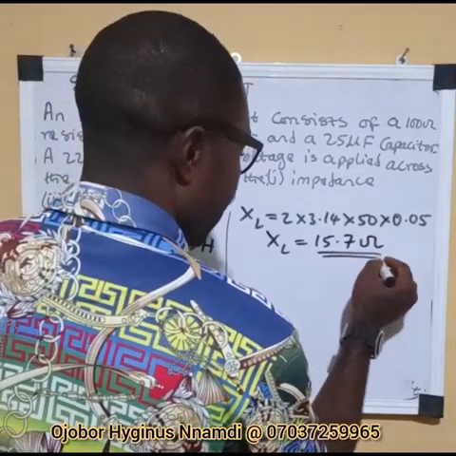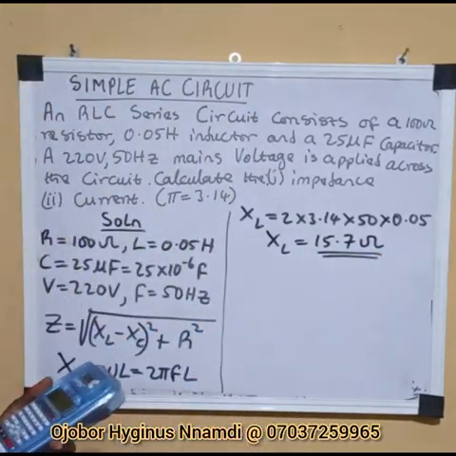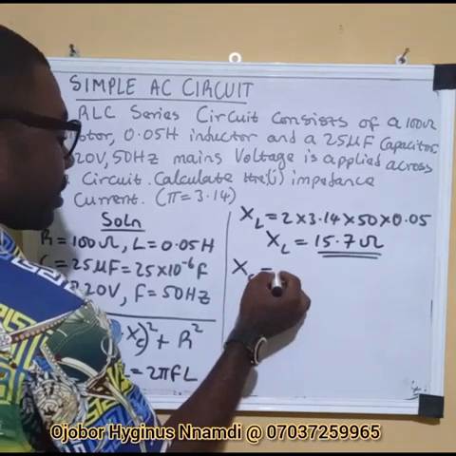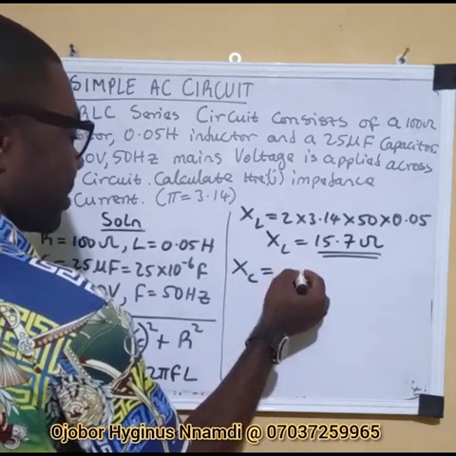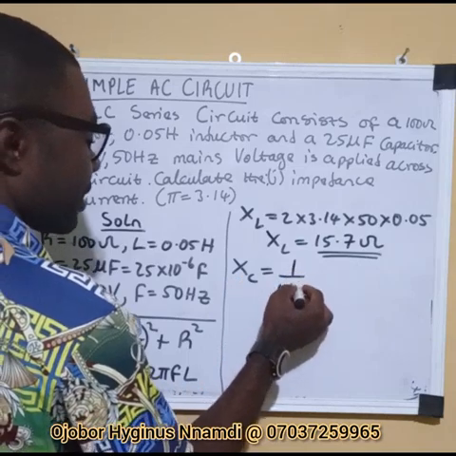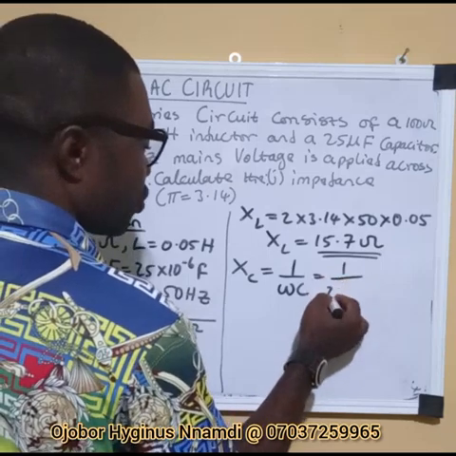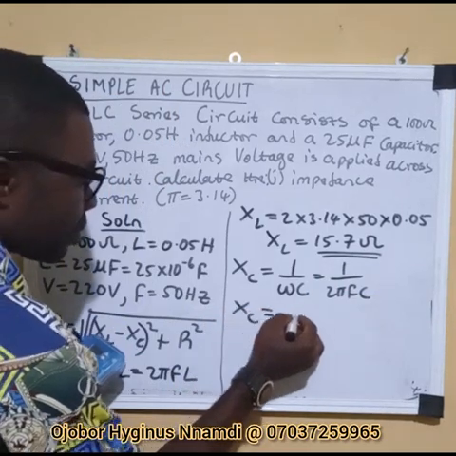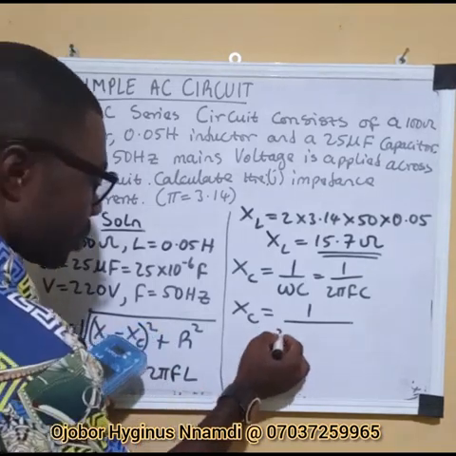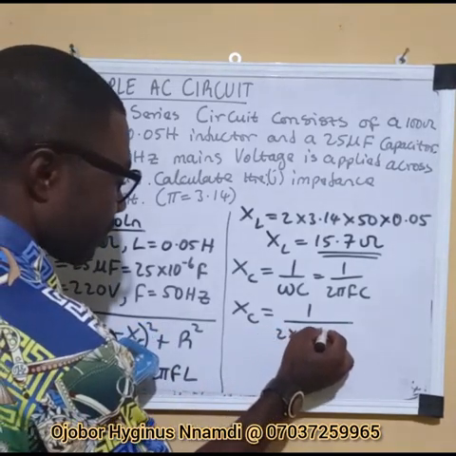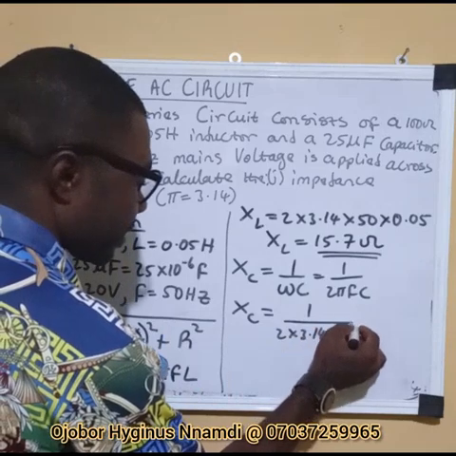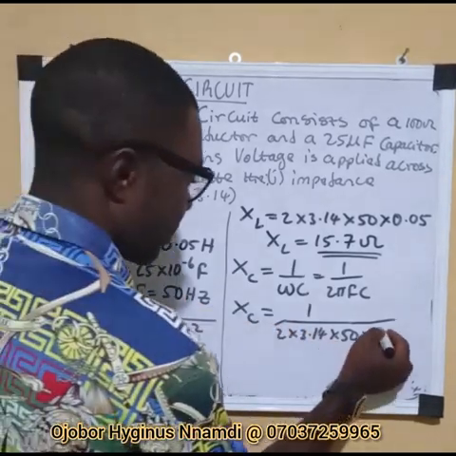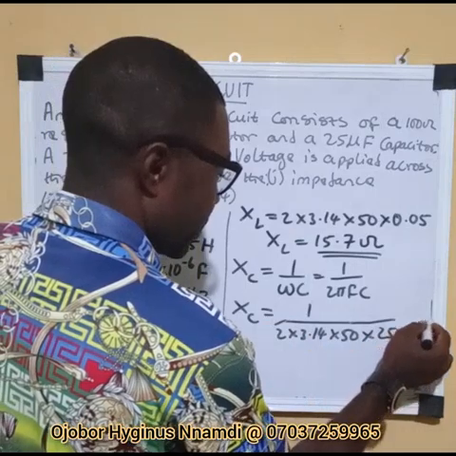When the inductance has been changed to a reactance, it is in ohms, no longer in Henry. In the same way, the capacitive reactance is inversely proportional to the frequency and capacitance. This one is going to be 1 over omega C, which is 1 over 2 pi f C. So the capacitive reactance is equal to 1 over 2 times pi, which is given in this question as 3.14, times the frequency, which is 50 Hz, times the capacitance, which is 25 times 10 raised to the power minus 6.